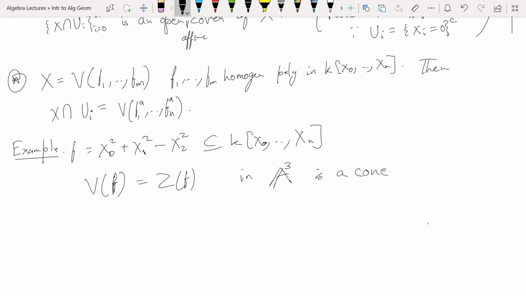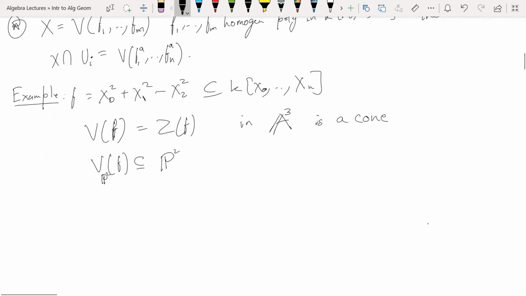So now V of F is in P2 as well, if you are thinking of the zero set in P2. Maybe I'll recall the diagram. It actually looks like this.